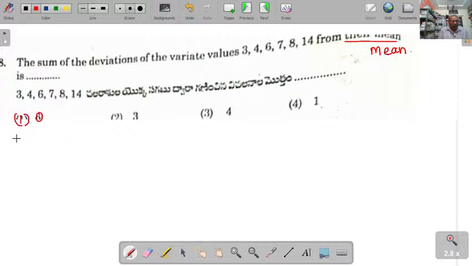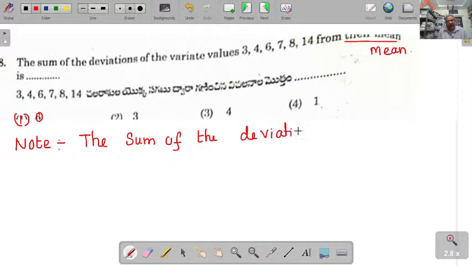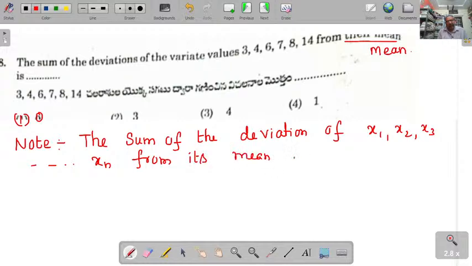See, you remember one shortcut note: the sum of the deviations of observations x1, x2, x3, up to xn from its mean is always 0. You remember the first option is the right option, but I will explain the method also, don't worry.